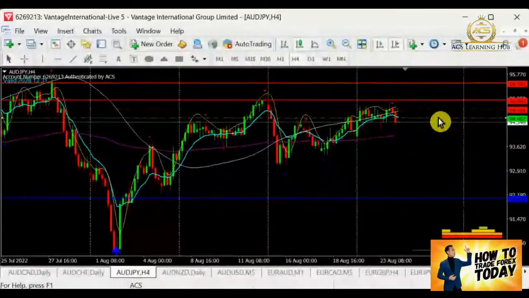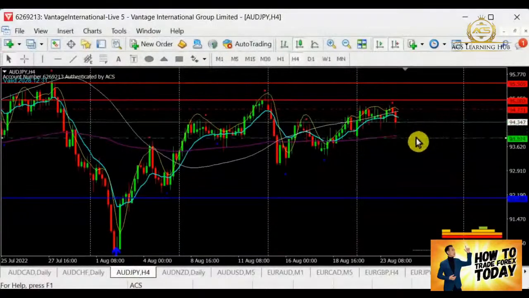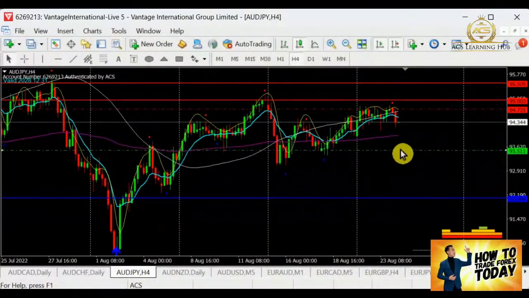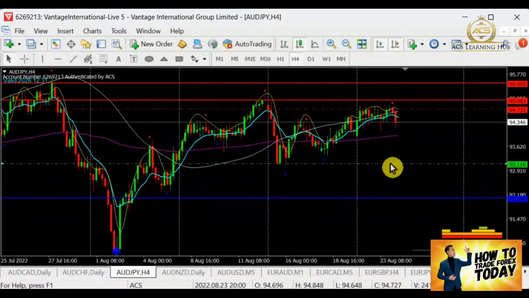So the next round that I'm looking out for is support, this area of support over here. Selling is still possible.